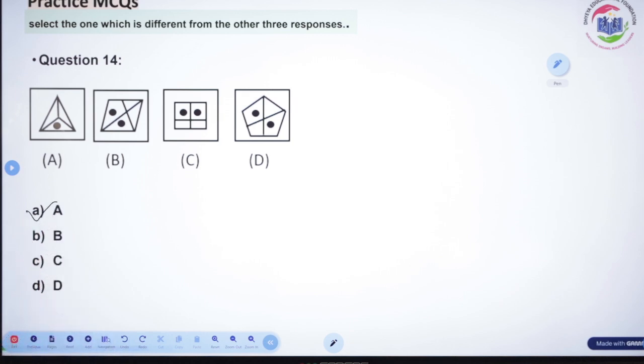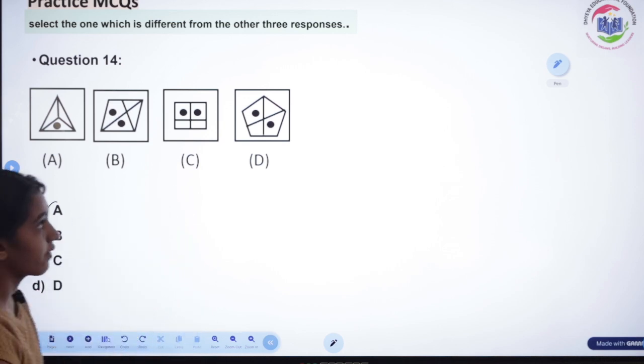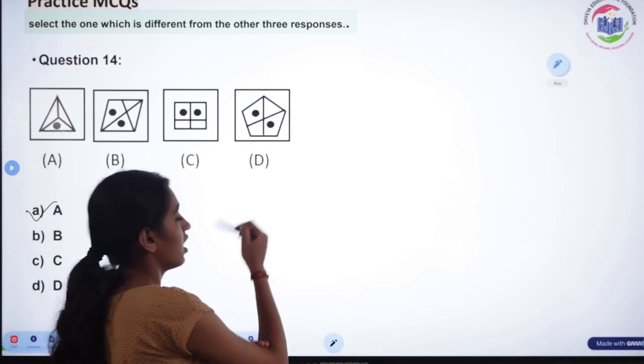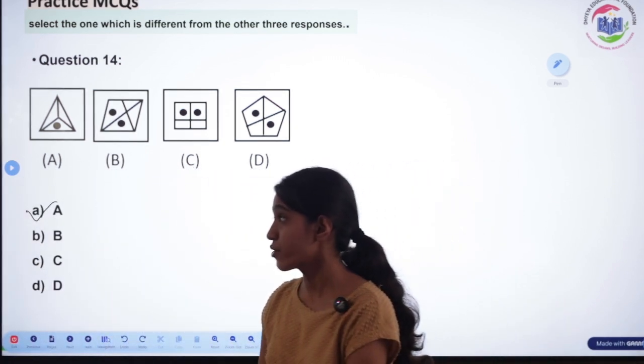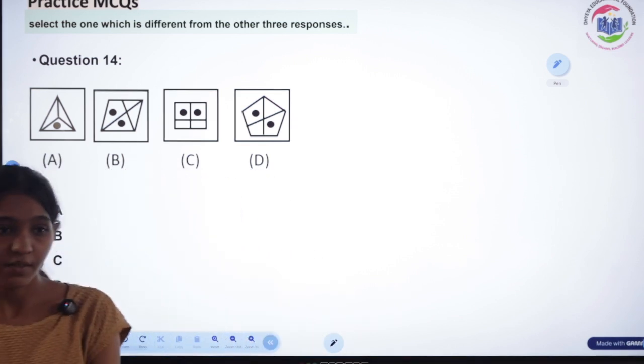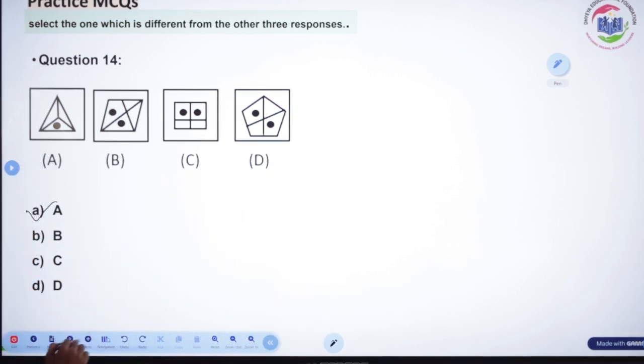If you observe B, it is not divided into equal parts. Also C is not divided into equal parts. Also D is not divided into equal parts. If you see option A, it is divided into equal parts and it has one dot.